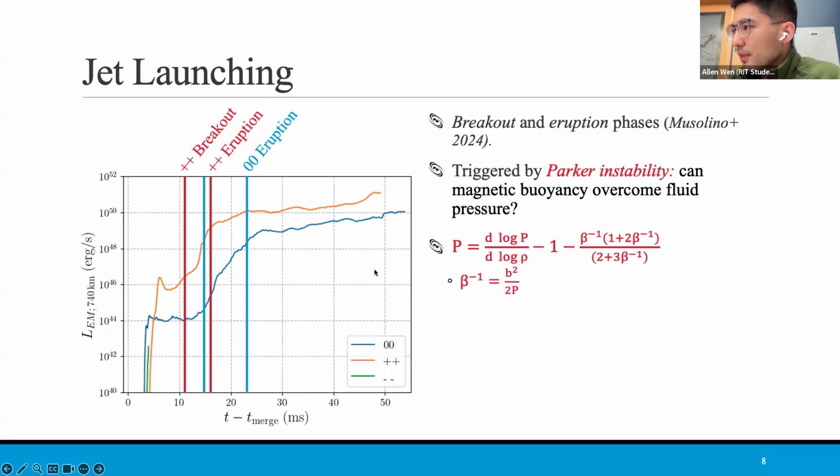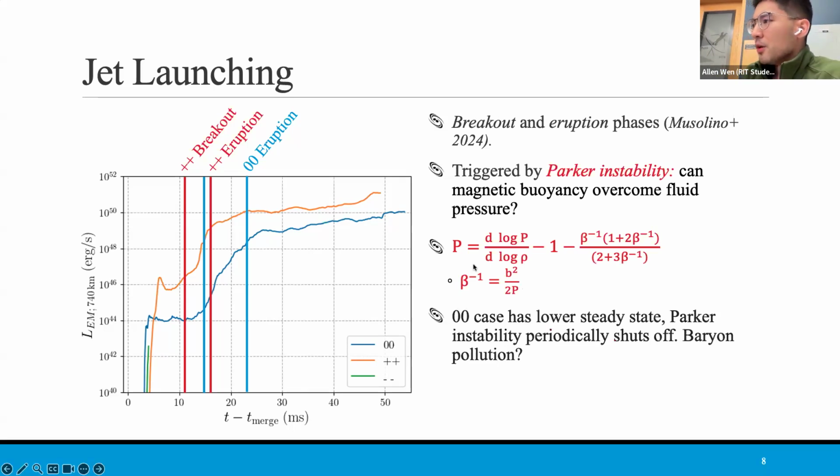This is regulated by this P criterion, which describes the relationship between your fluid and your magnetic field, and your plasma is unstable when P is negative. We'll note that the non-spinning case has a lower post-eruption steady state, and as I'll show in the next slide, the Parker instability tends to periodically shut off.